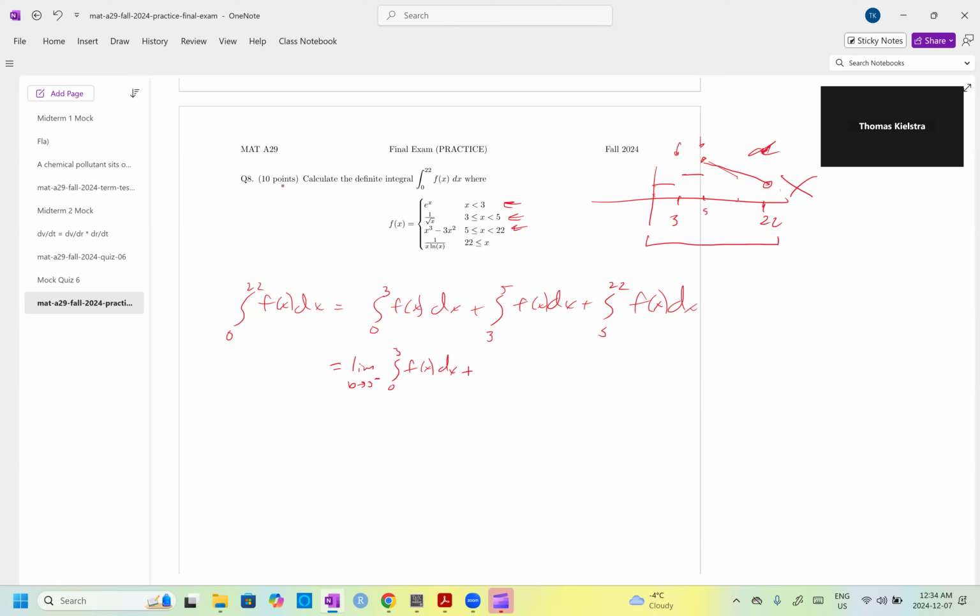For 3 to 5, I am defined at 3. The domain restriction is x is greater than 0, which is always true, but I'm not defined at 5.